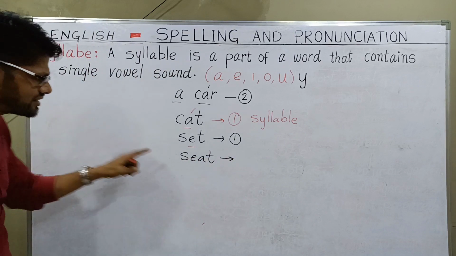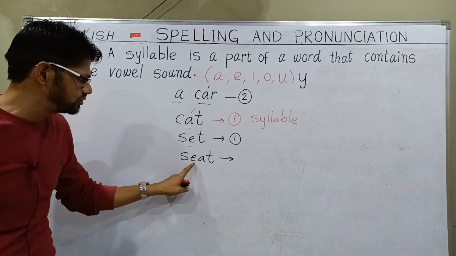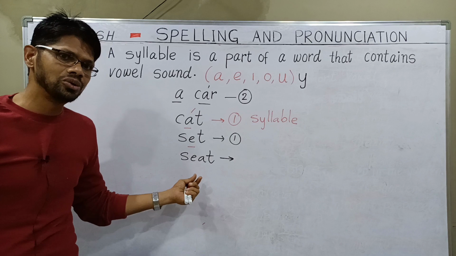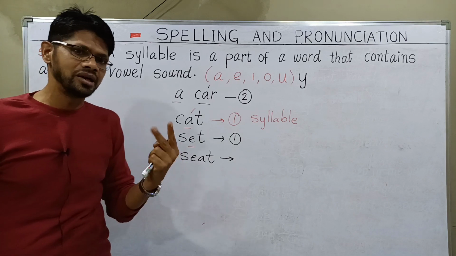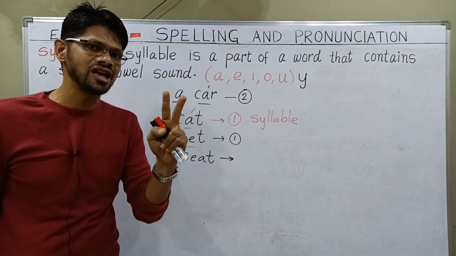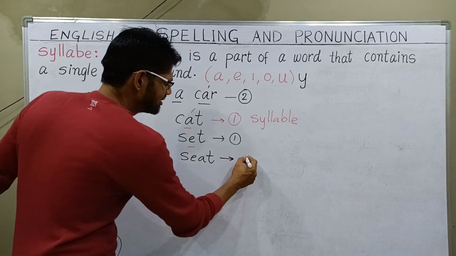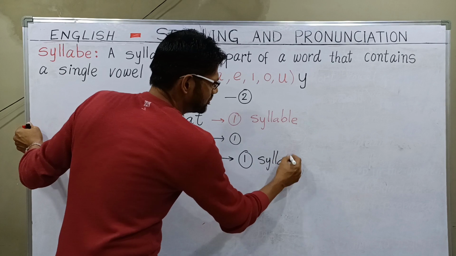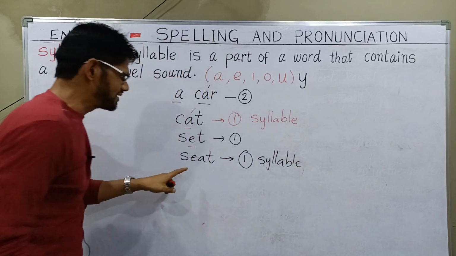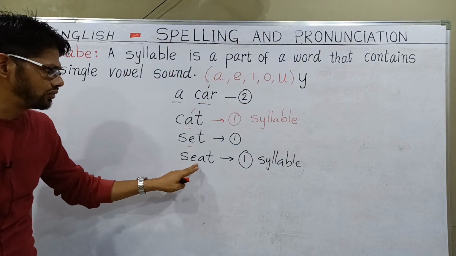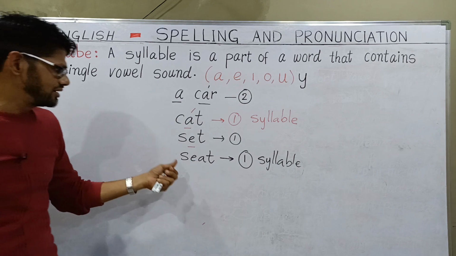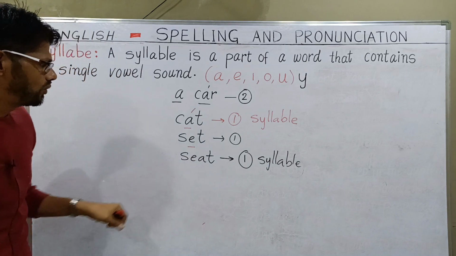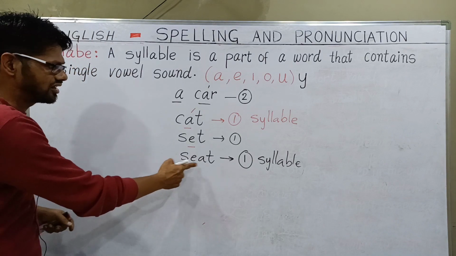The word seat has two vowels, E and A. But even though it has two vowels, it is producing only one beat or one sound. That is the reason it has only one syllable. So one beat or one sound, we can say one vowel.